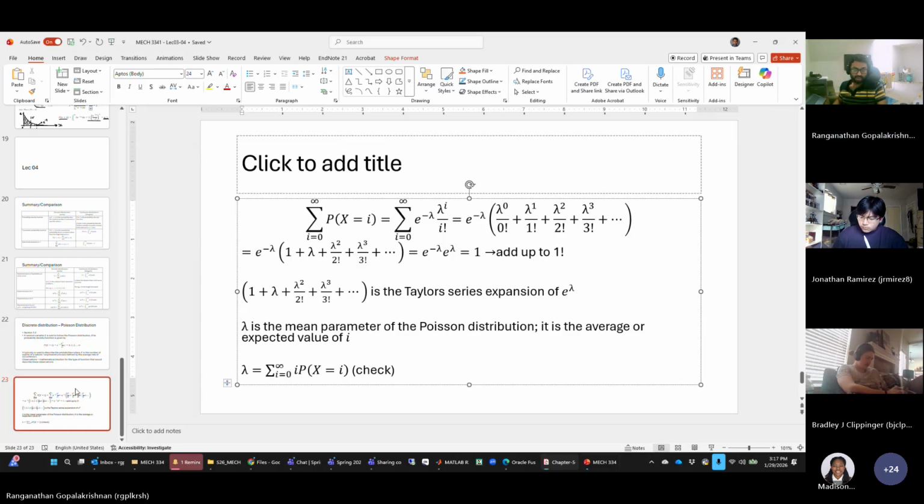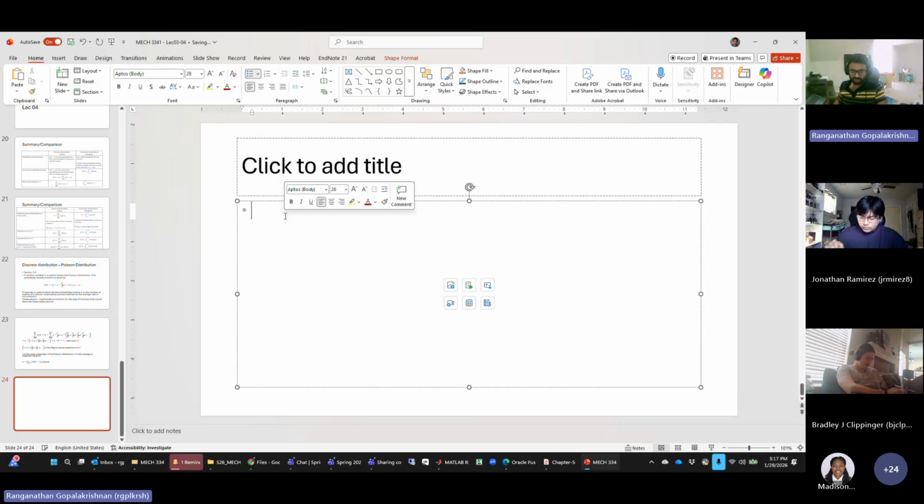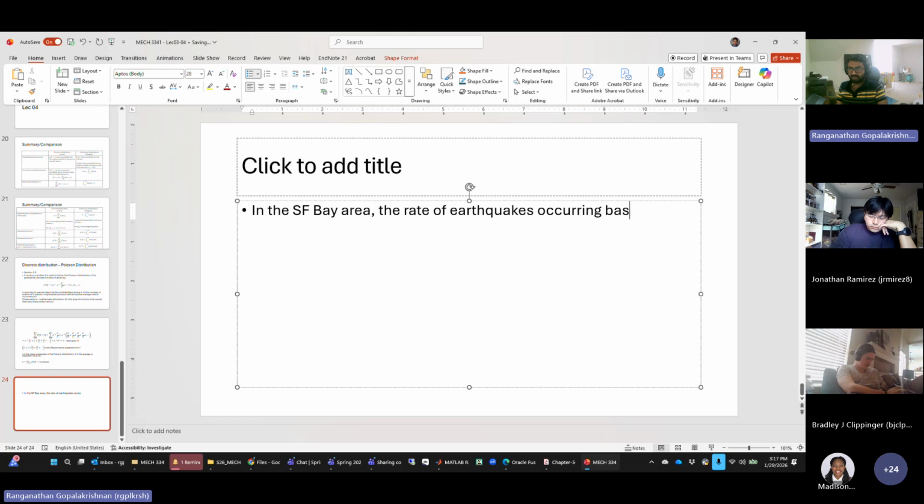Okay, I'll give you a problem here. This is one of the examples that I introduced earlier. In the San Francisco Bay Area, the rate of earthquakes occurring, based on historical records in the last 200 years, is about 1 every 30 years.